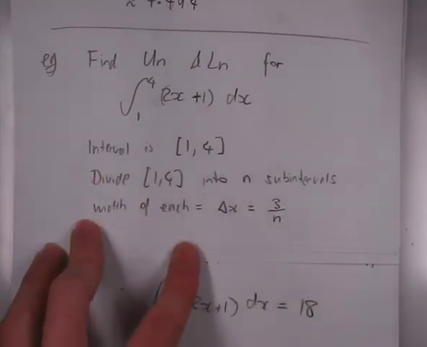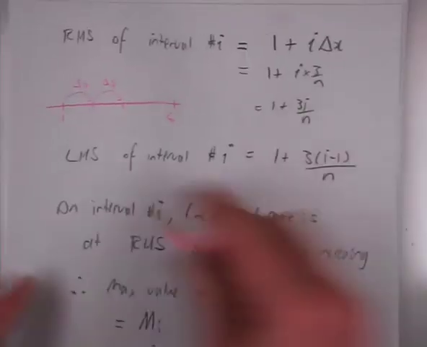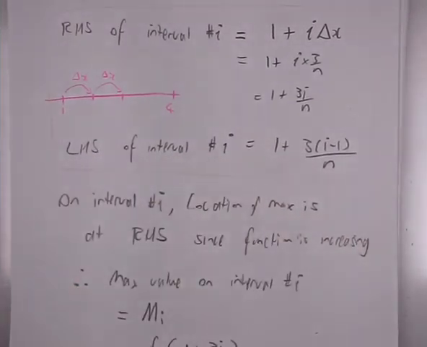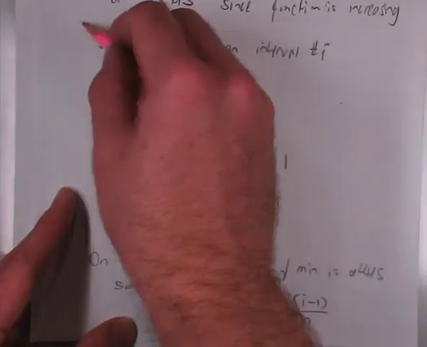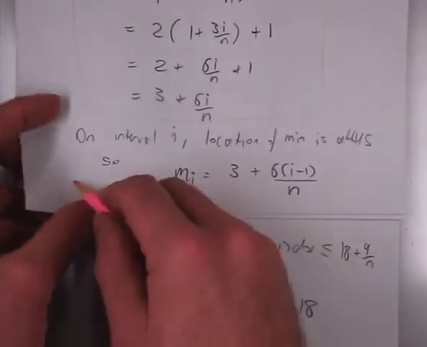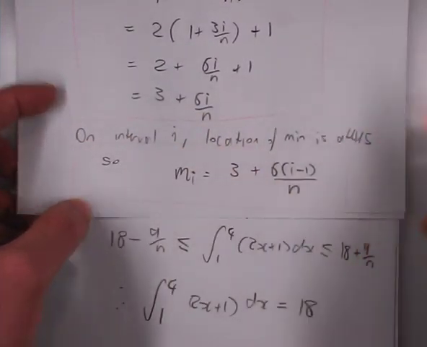I figured out what delta x was. And then I figured out what the right-hand side and the left-hand side of each interval was. And then I figured out where the maximum was and what the maximum was. And then I figured out where the minimum was and what the minimum was.